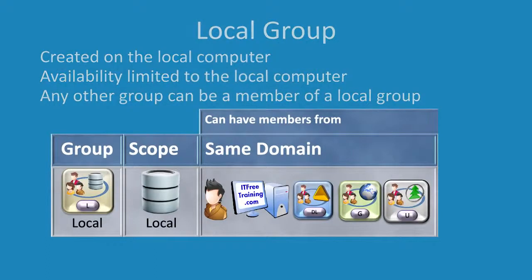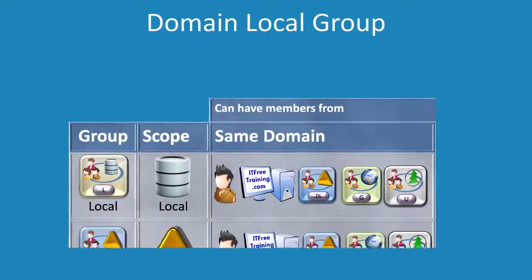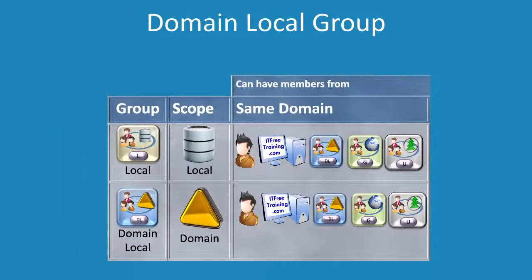The next group is the domain local group. This group supports all the same memberships as the local group, that is, users, computers, other domain local groups, global groups, and universal groups. Given that domain local group membership can be administered at the domain level, these groups are often applied to the local resource rather than using a local group.